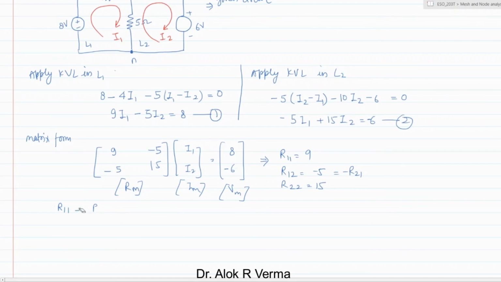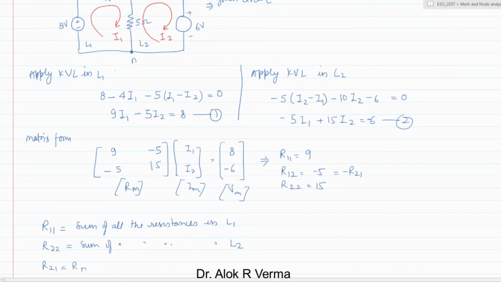Now R11, the element of the matrix Rm, is nothing but the sum of all the resistances in loop 1. And what is R22? That is similarly the sum of all the resistances in loop L2. And what about R21?